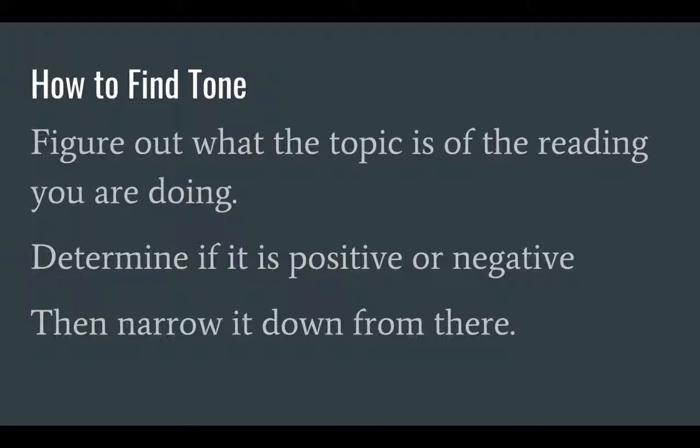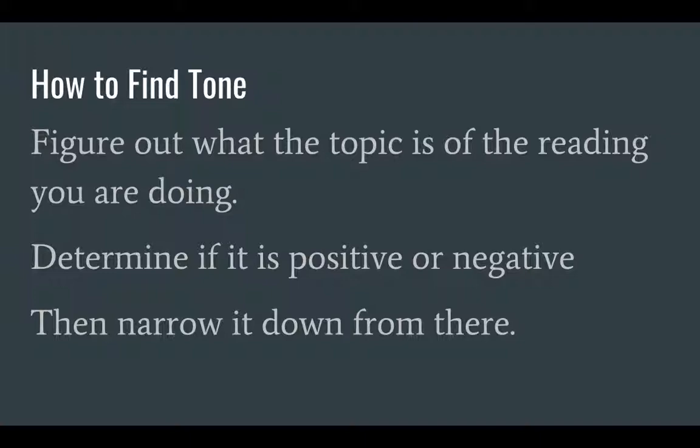We're going to be reading about American dreams and dreams in general. I think that it's going to be a topic of a lot of the poems and stories that we're going to be reading over the next little bit. Once you figure out the subject of the piece, the bigger picture, not little details, you need to figure out if the author's attitude towards it, their tone, is positive or negative.